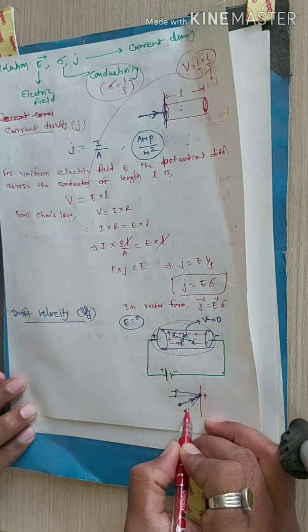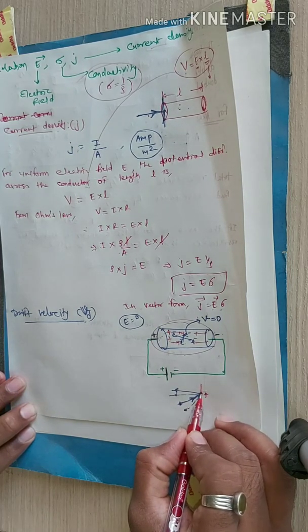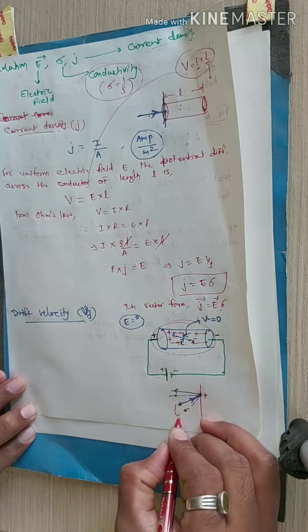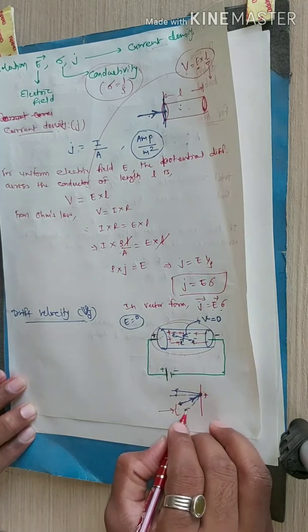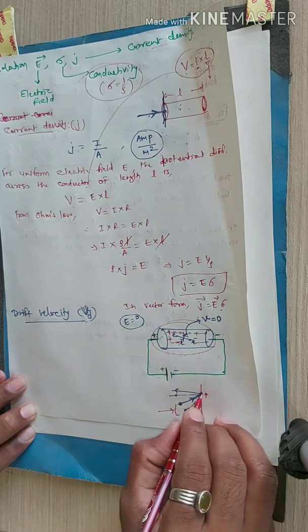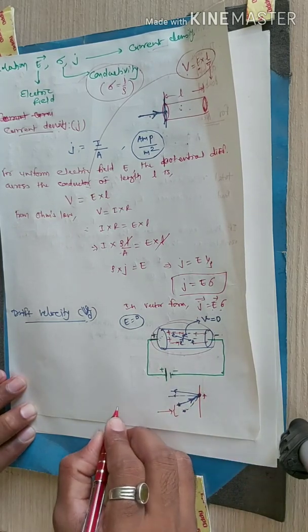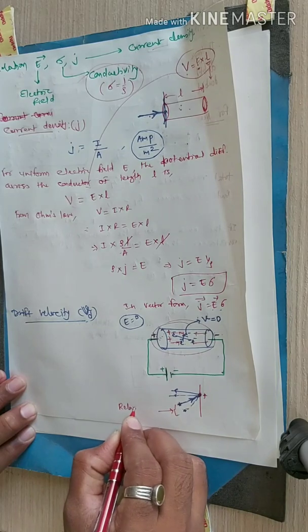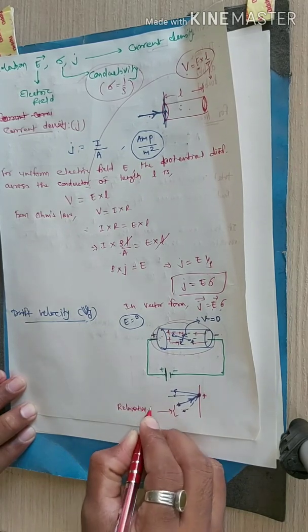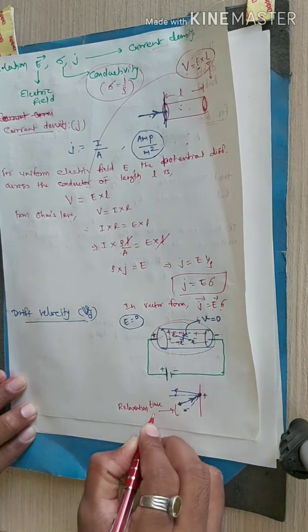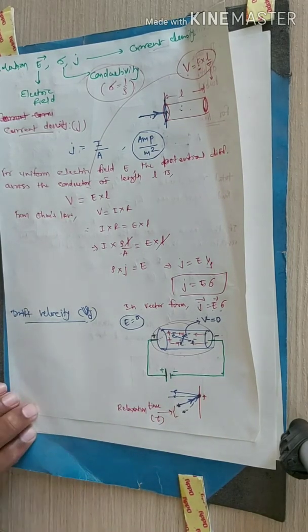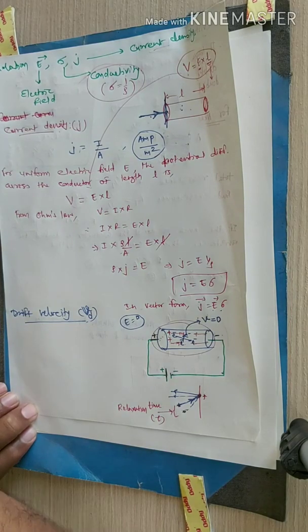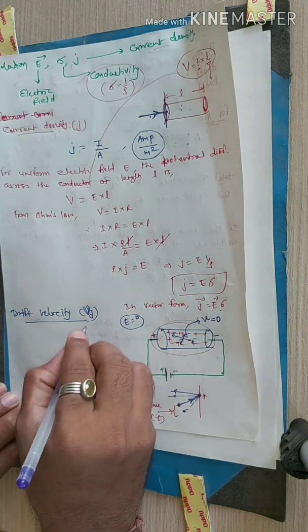During this process, the average time required for back-to-back electron collisions with positive ions is called relaxation time, that is tau.